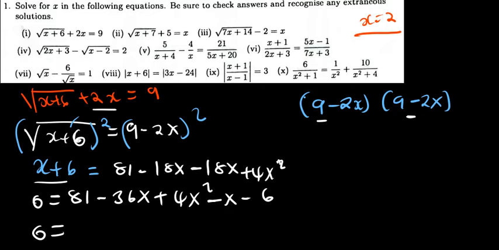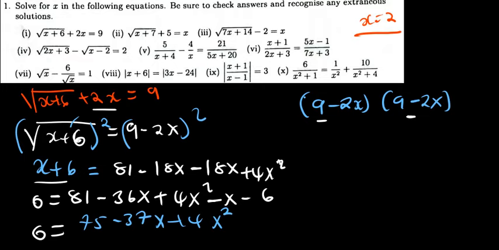So 81 minus 6 gives me positive 75. Then negative 36x minus x gives us negative 37x, then plus 4x squared.